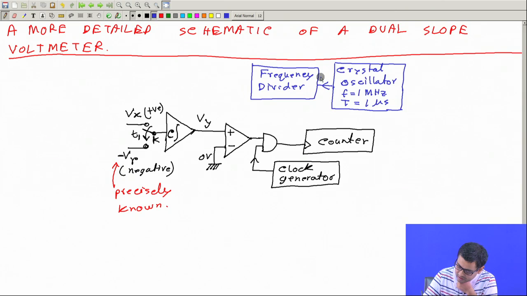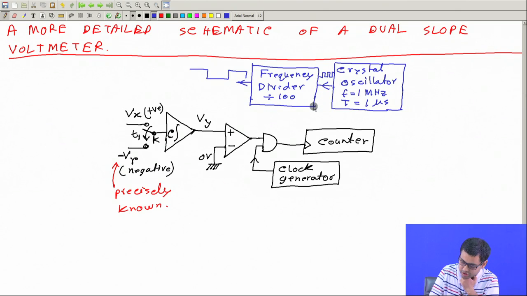It takes a high frequency input and it gives out a low frequency output. Okay, so this is the high frequency input and this is the output, which is of much lower frequency. Say I take that this is divide by 1000. So then this is 1 megahertz, and this will become 1 kilohertz, right? If it is divided by 1000.